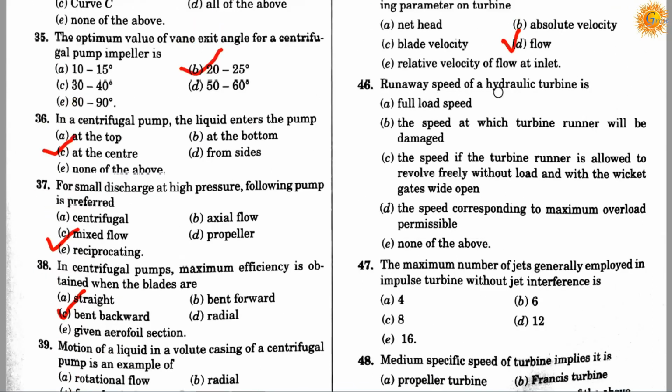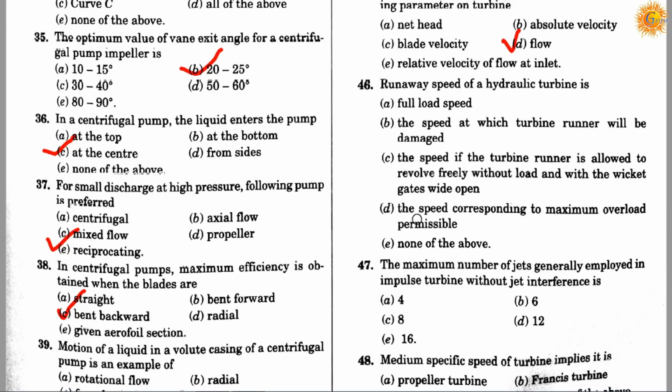Runaway speed of a hydraulic turbine is. Option A, full load speed. Option B, the speed at which the turbine runner will be damaged. Option C, the speed if the turbine runner is allowed to revolve freely without load and with the wicket gates wide open.